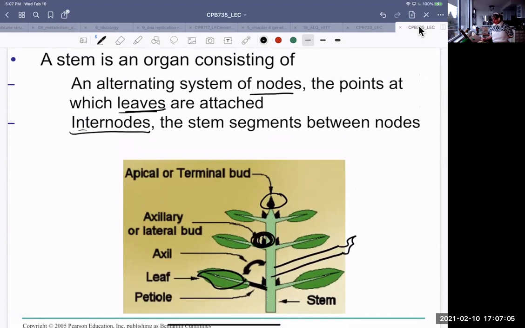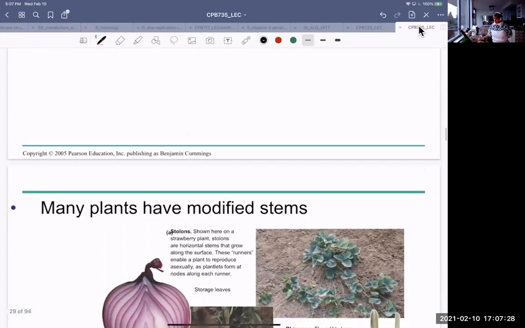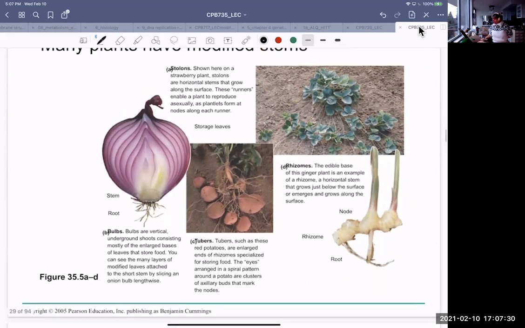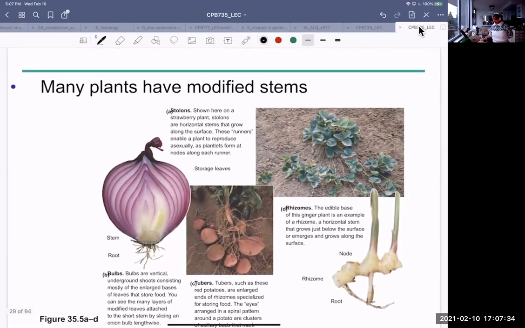So if you're pruning, for example, a shrub, and you don't want it to grow tall, you just have to cut off the top terminal buds. That way the axillary buds won't be suppressed and it'll grow out to the side. And there's loads and loads of different modifications of plants.